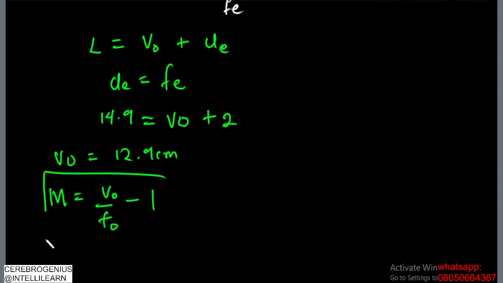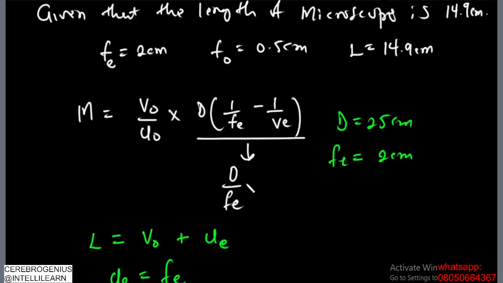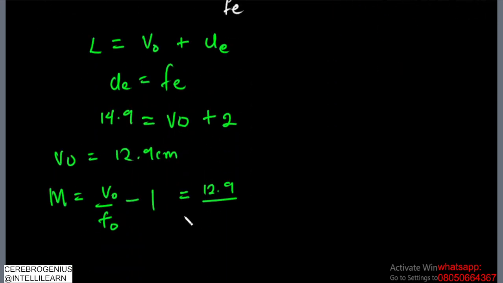But since I know this formula and I already have v naught, I don't need to do that again. So then this magnification is going to be 12.9 divided by f naught, the focal length of objective is 0.5, then minus 1. If I do 12.9 divided by 0.5 minus 1, I have 24.8.